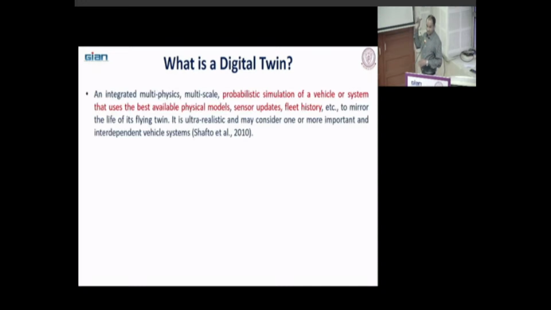The first definition was given by NASA's team in 2010: an integrated multi-physics, multi-scale probabilistic simulation of a vehicle or system. Basically, it was related to NASA, so they defined it from the vehicle perspective: a probabilistic simulation of a vehicle or system that uses the best available physical models, sensor updates to capture the data from your physical systems, and fleet history to mirror the life of its flying twin.